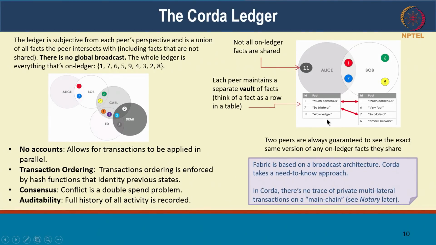So the vault for each peer is distinct from the other peers, and it has only the data that is private to that node, or that the node is aware of. And again, there is no global broadcast. So no node will know the universal or the full superset of all of this information. The global state of the network, or all the facts known by the network, is really the union of all the facts known by each entity.